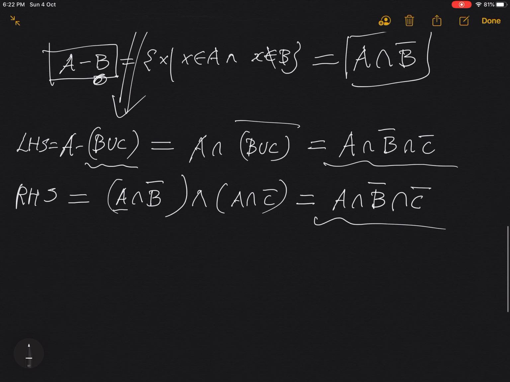The intermediate state is the same, so the left hand side equals the right hand side.